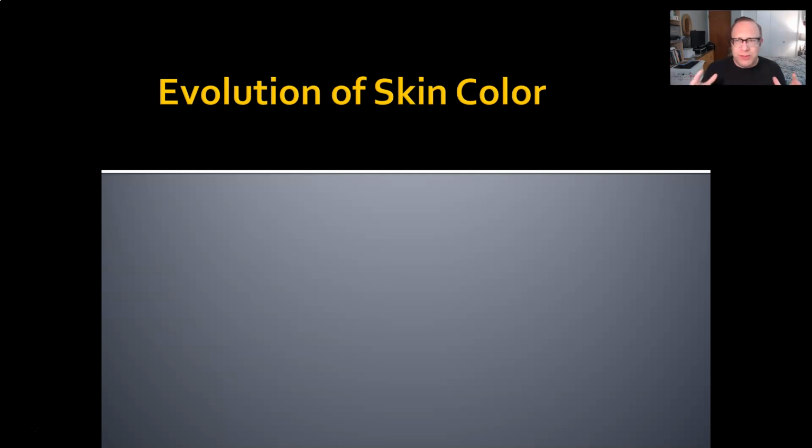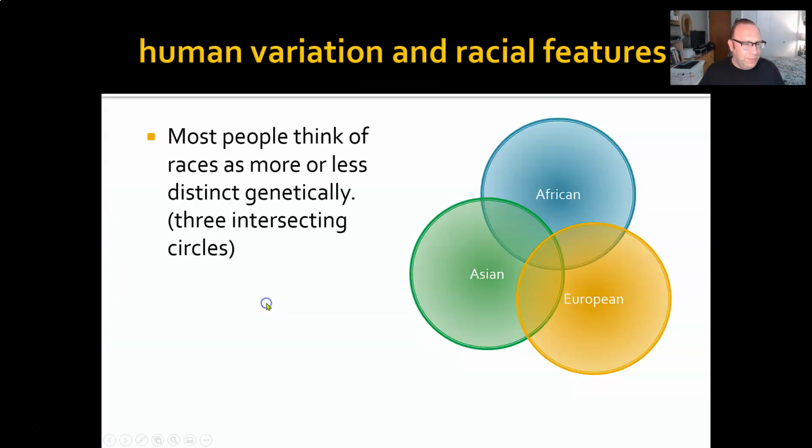And in a larger sense, how do all of the markers of race that we use actually evolve? Where did they come from? I'm not going to go through each one, but I'll make some general statements about skin that'll apply to others as well. So, to begin with, we need to think about how humans vary genetically.